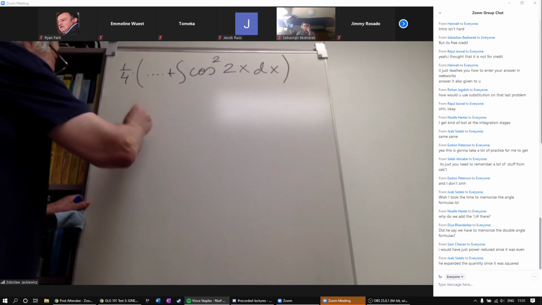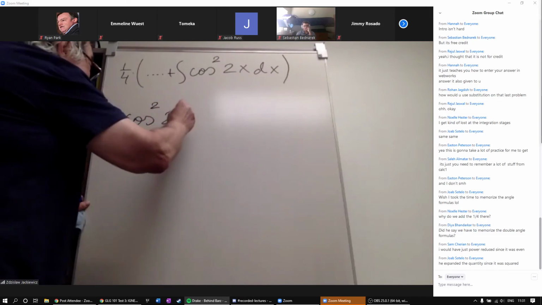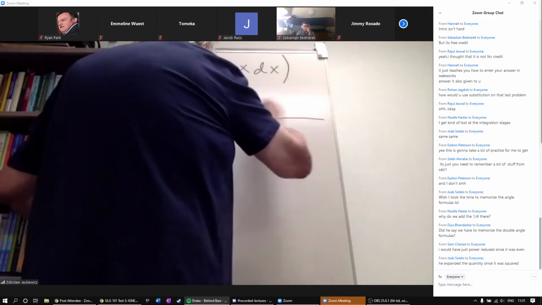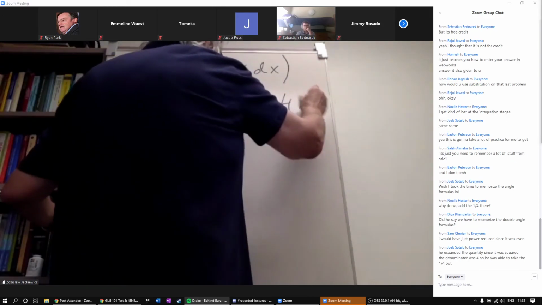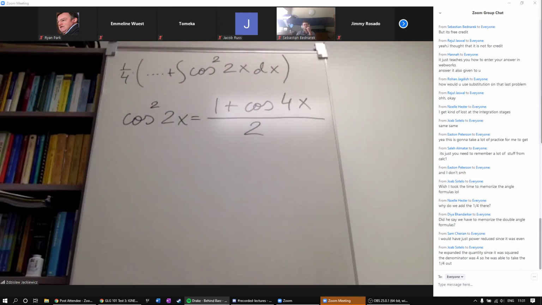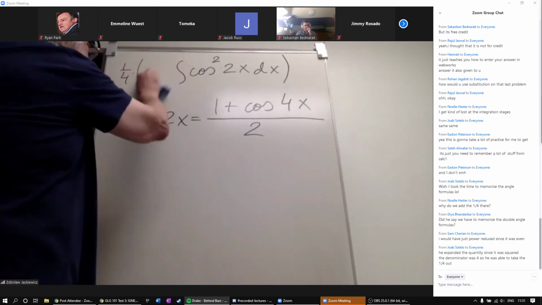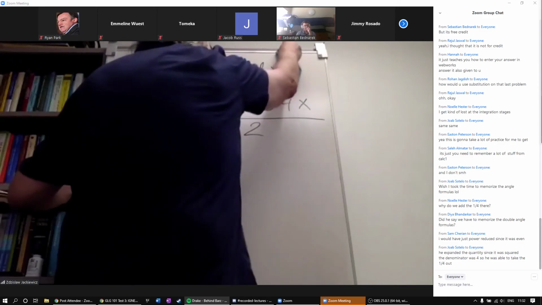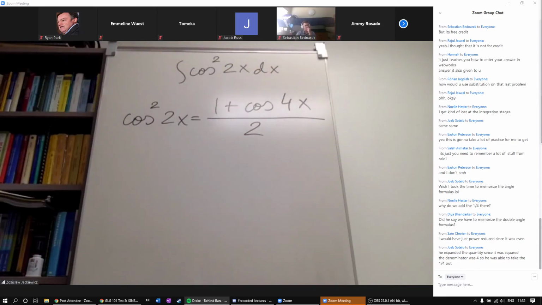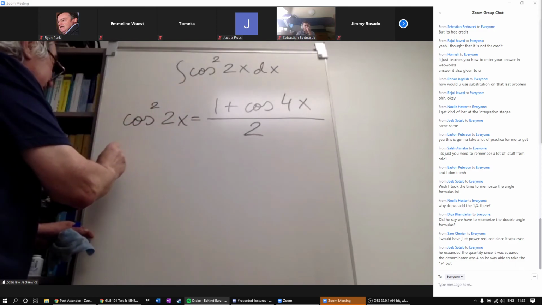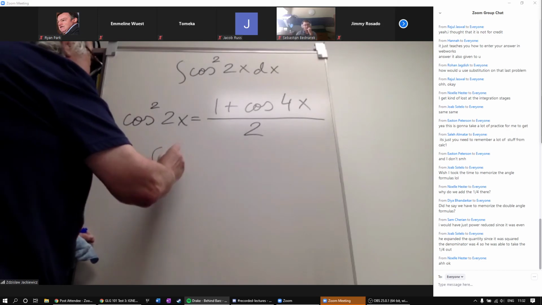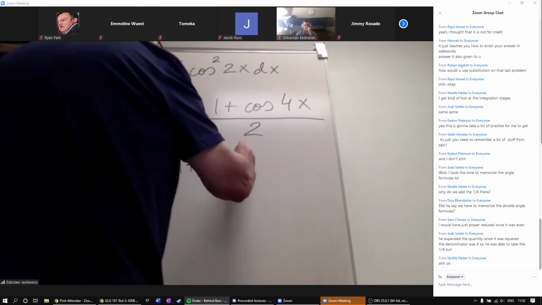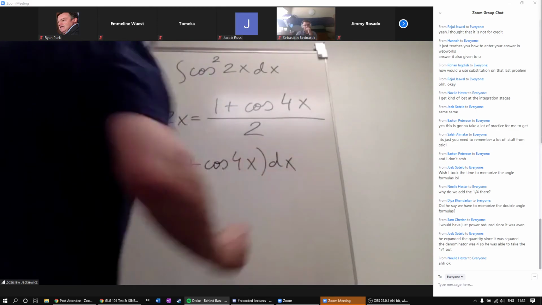Namely, cosine squared 2x is 1 plus cosine twice as much, 4x, over 2. Let's concentrate on this one. Let me erase this. So this now becomes 1/2 times the integral of 1 plus cosine 4x dx.